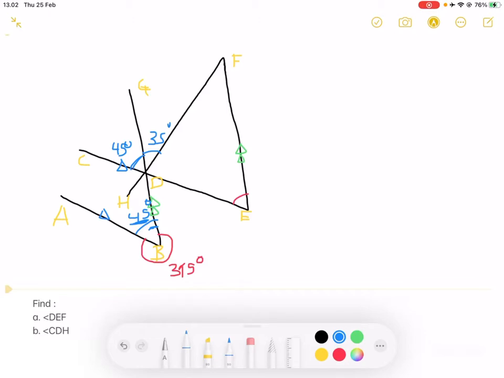And then lastly, using corresponding angles yet again, we know that this forms a setup of corresponding angles. So that means this 45 degrees must also equal this 45 degrees. That means our first answer for this must be 45 degrees.